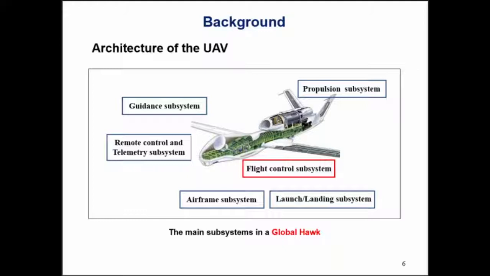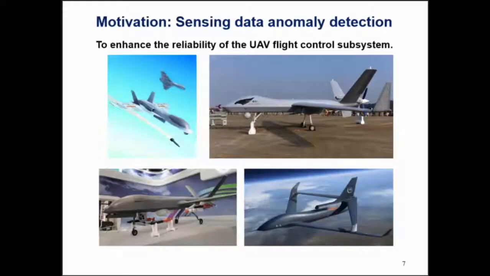The architecture of the UAV is mainly constituted of 6 subsystems, which are guidance subsystem, propulsion subsystem, remote control and telemetry subsystem, flight control subsystem, airframe subsystem, and launch landing subsystem. In this study, we aim to enhance the reliability of the UAV flight control subsystem.